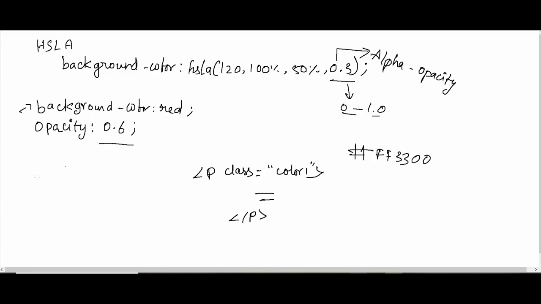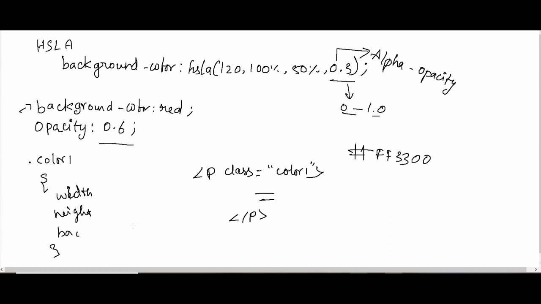After that you just come to CSS, dot color 1, right? So here you just give width and height, then background color. You do this same thing for these 4 types of colors in CSS3.